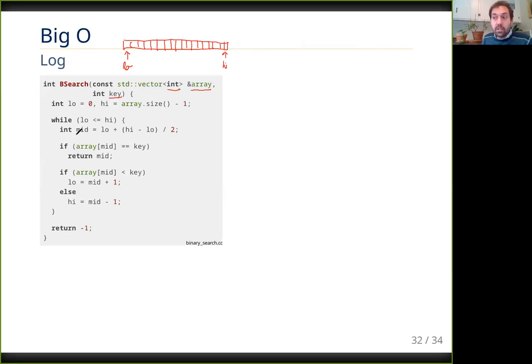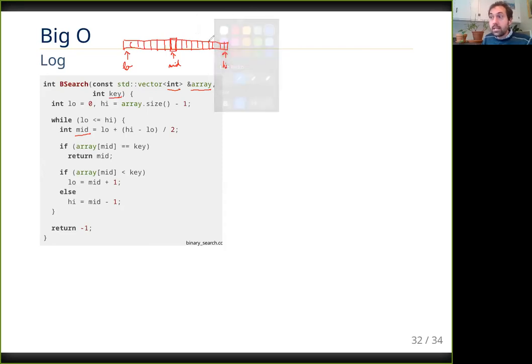And so the first thing that we do is that we compute the middle item. So we essentially add low to high, we divide by 2, and that gives us a middle item here.